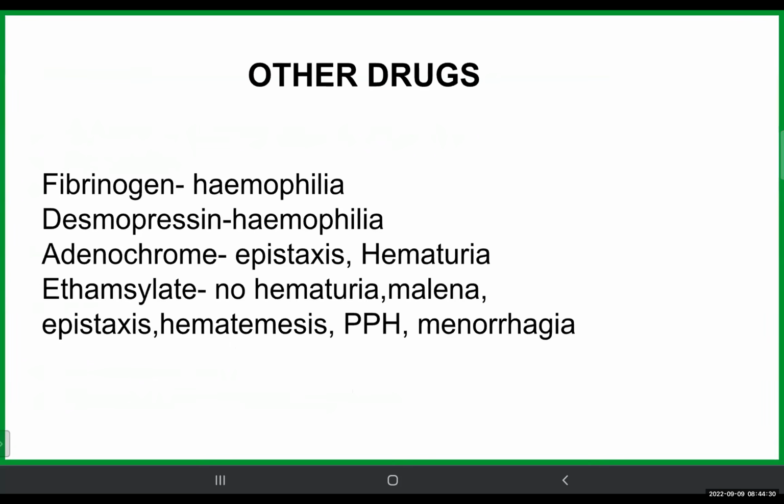And the other drugs: fibrinogen you use in hemophilia, desmopressin in hemophilia, adrenochrome in epistaxis and hematuria. Ethamsylate, which has anti-hyaluronidase activity, is used in hematuria, hematemesis, melena, epistaxis, PPH, and menorrhagia, and it has no action on fibrin formation.